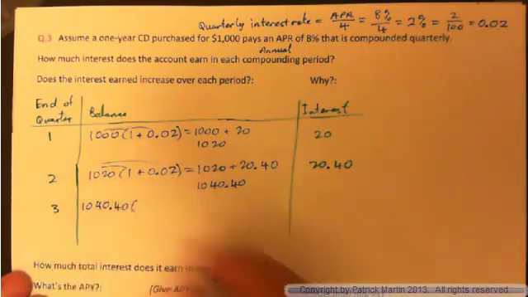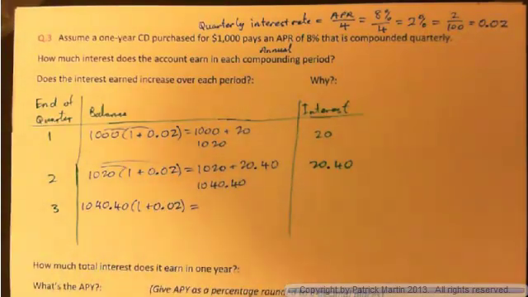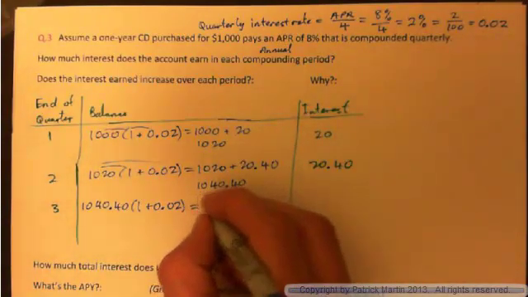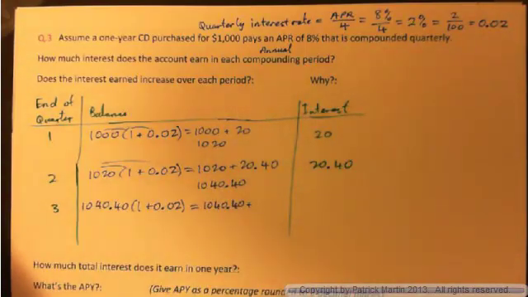At the end of quarter 3, we take our $1,040.40 and multiply that by 1 plus 0.02. So we have the same money plus 2% of that.